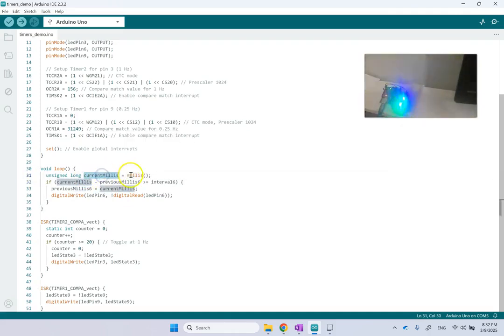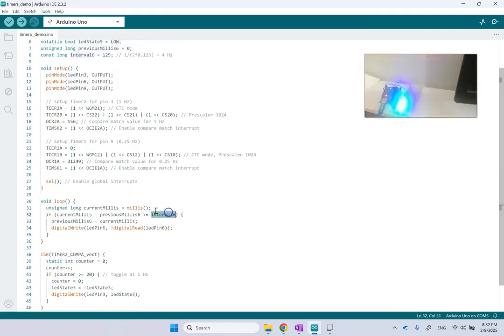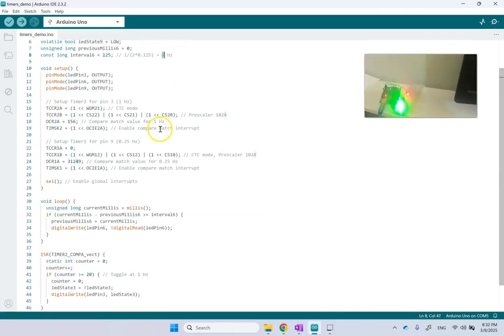So I get my time from the millis, and if my current millis minus the previous one, which initially I set at 0, is bigger than this interval 125, which corresponds to 4 hertz, if that's the case, first of all, I go to that pin number LED for pin 6 and I toggle it, and then I update my time. Yes, so you see here I'm doing a software interrupt.